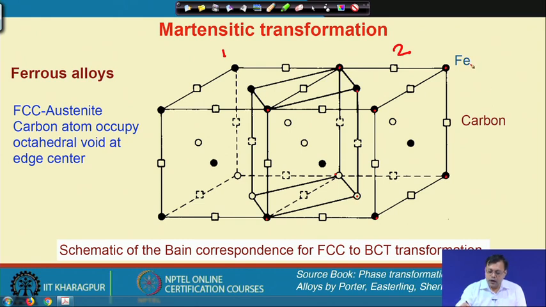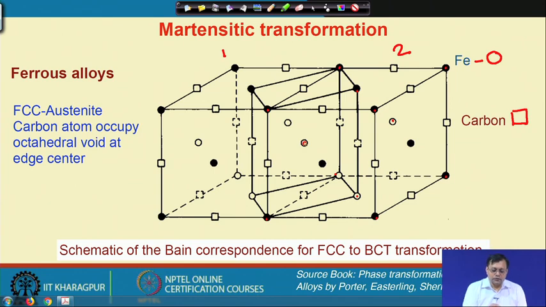Iron atoms are represented with a circular shape and the carbon atoms are represented with a square shape. Now, please clearly look at that. This is also a face centered atom, here is also a face centered atom, here is also a face centered atom.